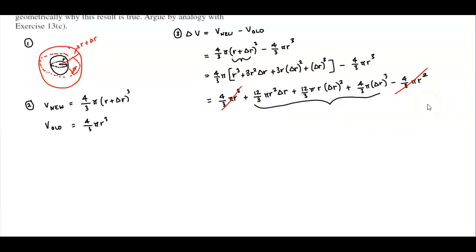Let me go back to correct this, because it should be minus 4/3 pi R cubed. So now we can eliminate those.